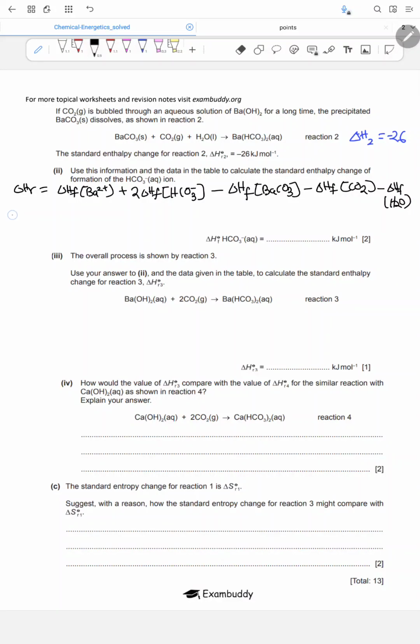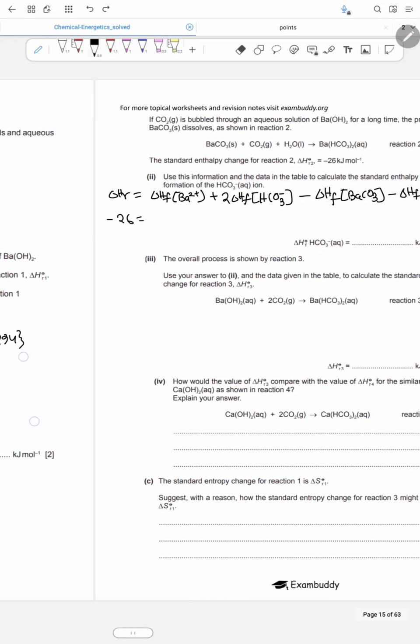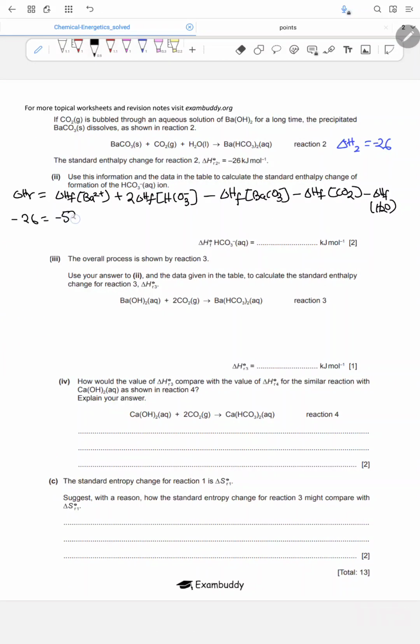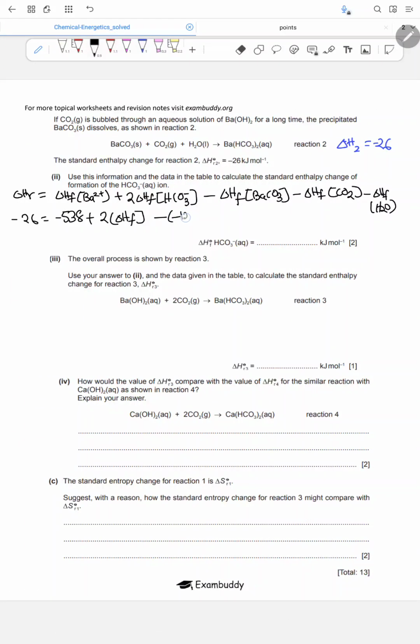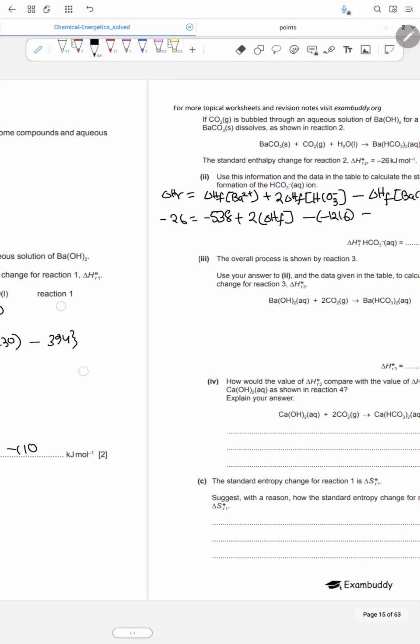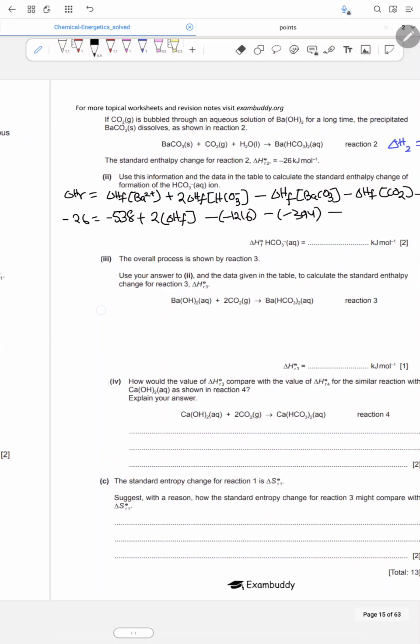That's minus 26. What was barium? Barium was minus 538 plus 2 enthalpy change of formation, minus barium carbonate was minus 1216, minus CO2 was minus 394, minus water was minus 286.